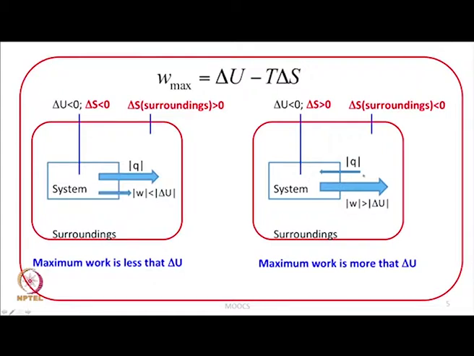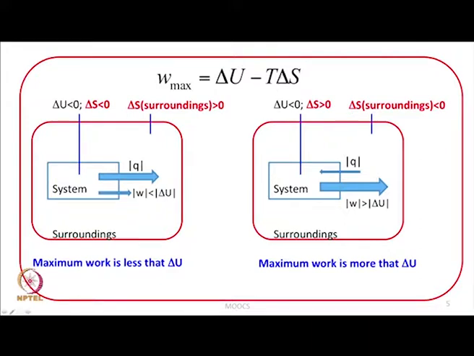I repeat, let some of the energy flow into the system and add up to doing work. However, in doing so, the entropy of the surroundings will decrease, but as long as the entropy change in the system plus entropy change in the surroundings is positive, it is okay, the process can be spontaneous.